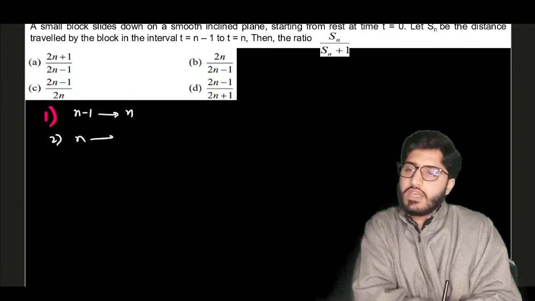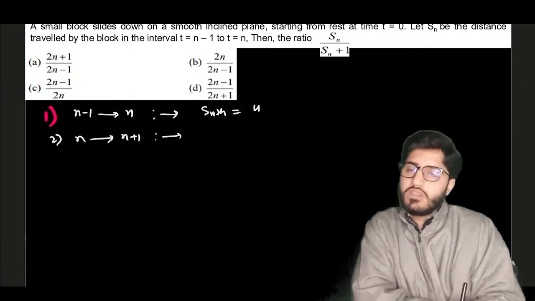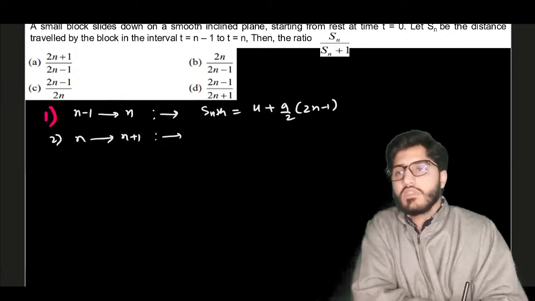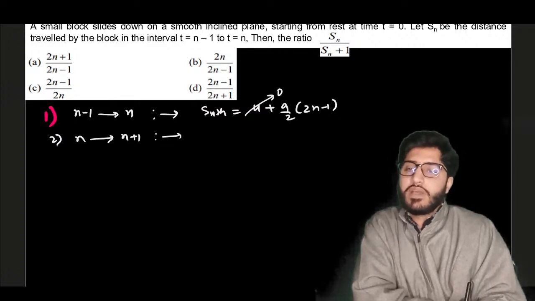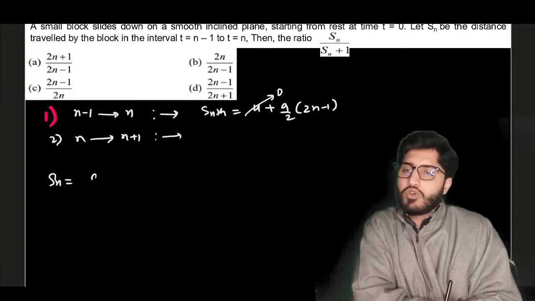Second one is n to n plus 1. So I can write Snth as u plus a by 2 into 2n minus 1. It starts from rest, that means u is 0. So Sn comes out to be a by 2 into 2n minus 1.